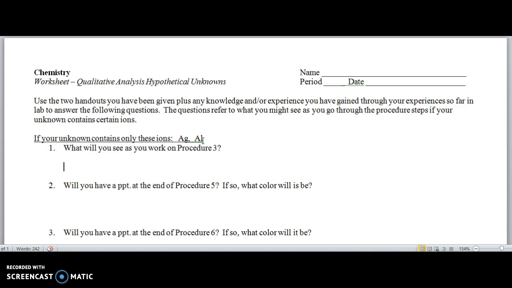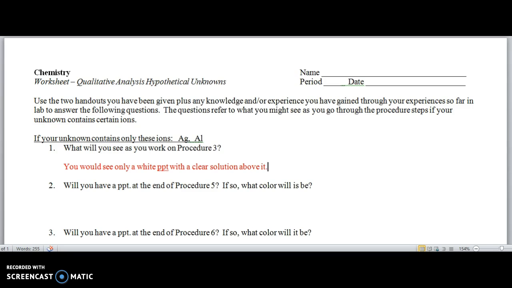So in this situation, since we don't have mercury, you would see only a white precipitate with a clear solution above it.